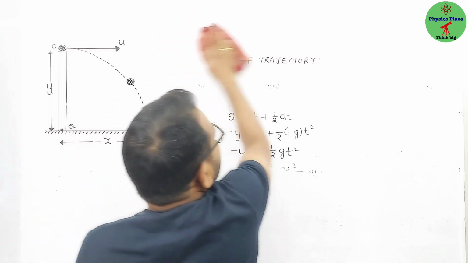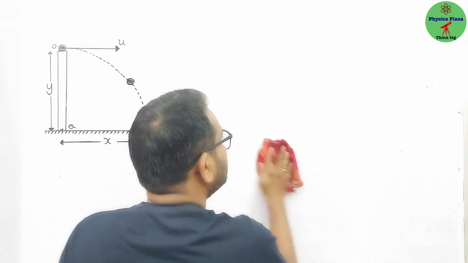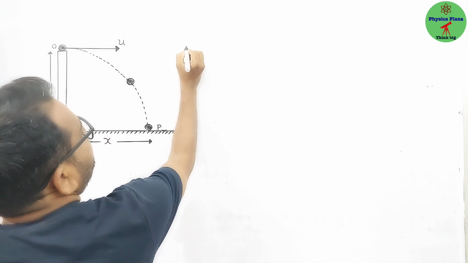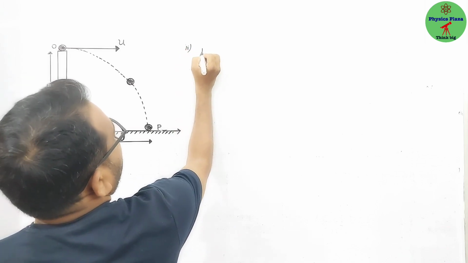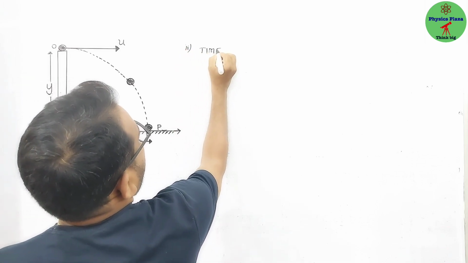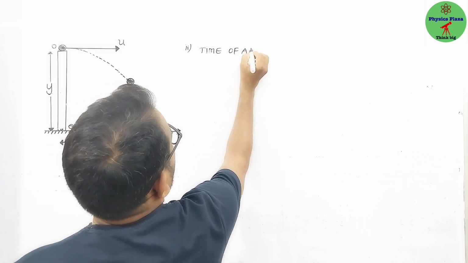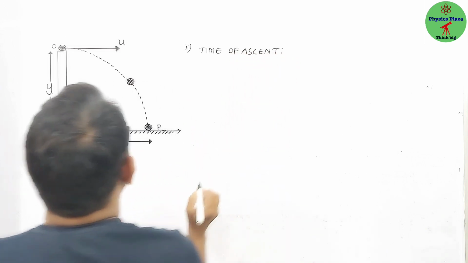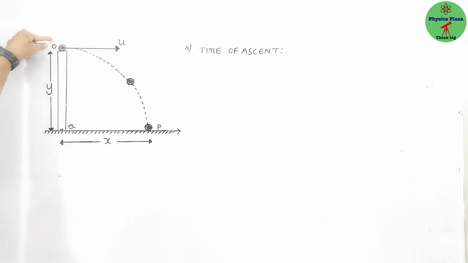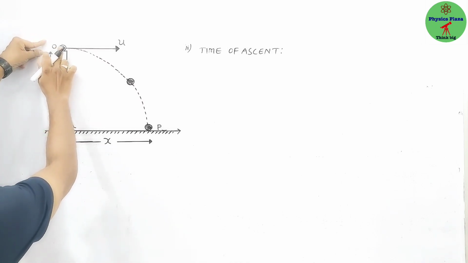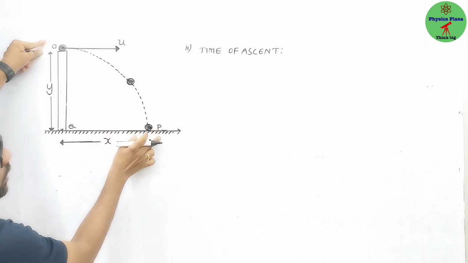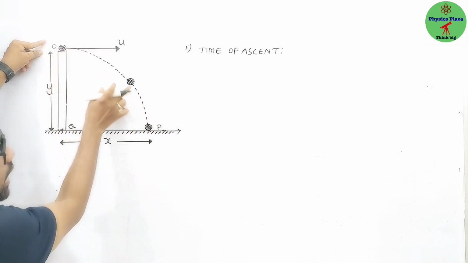Now, the second parameter we are going to discuss is time of ascent. What is the time of ascent? Look at here. As it is projected from a point O, after some time it goes along the parabolic path and reaches point P. For this it takes some time.